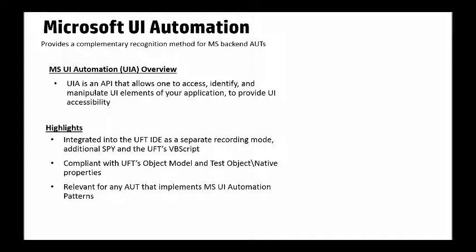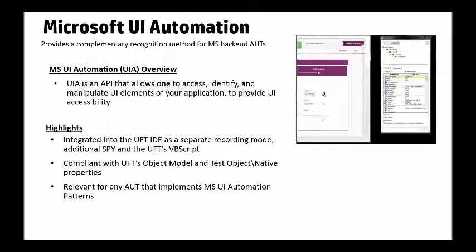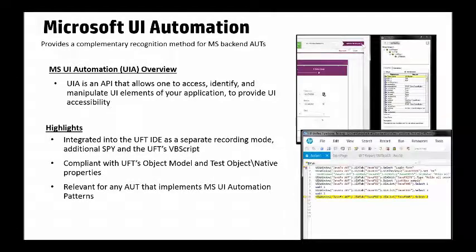Microsoft UI automation, as mentioned before, is how it looks in this particular screen. We can see that it's just a screen of Telerik, and on the right side you can see the object SPY that bears pretty much the same identification properties that anybody well acquainted with UFT would regard as a very similar test object to the regular ones.